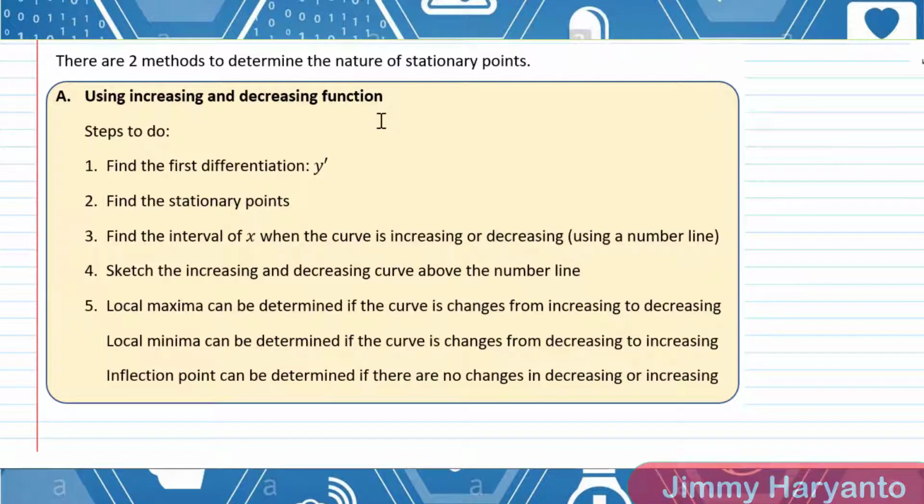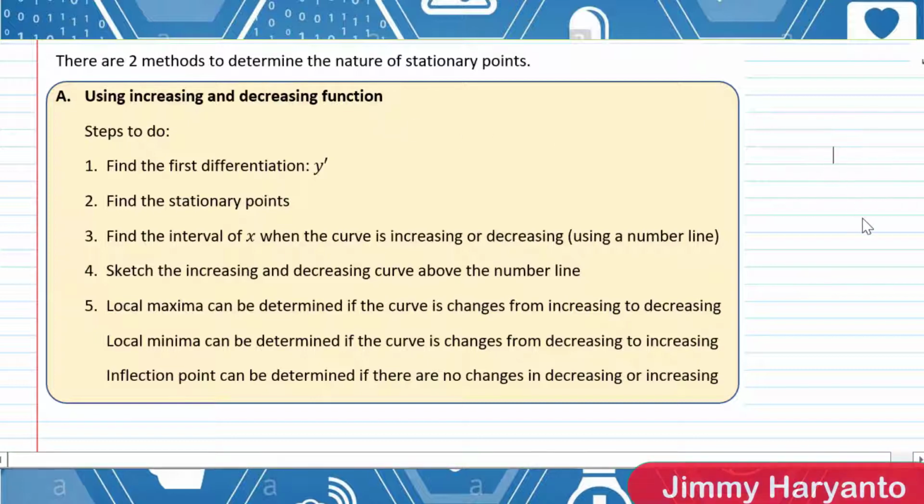And then number 5, local maxima can be determined if the curve changes from increasing to decreasing. Local minima can be determined if the curve changes from decreasing to increasing. And an inflection point can be determined if there is no change in increasing or decreasing.